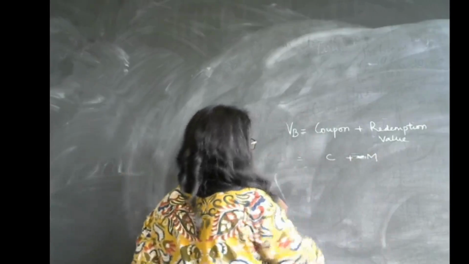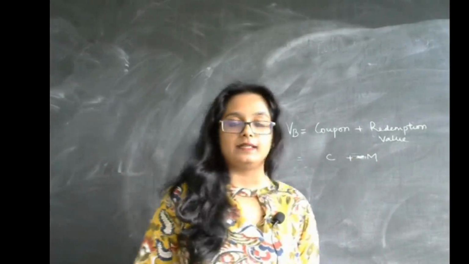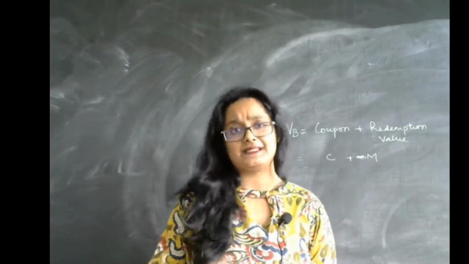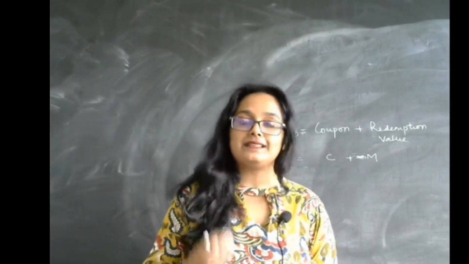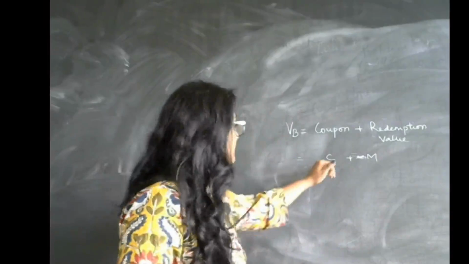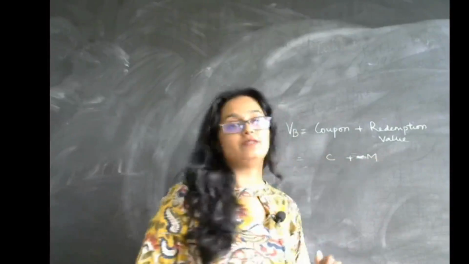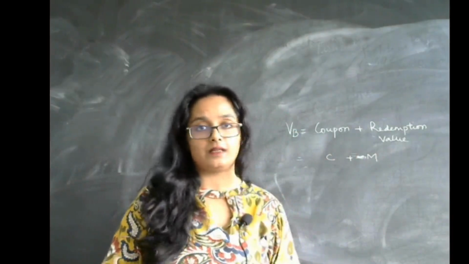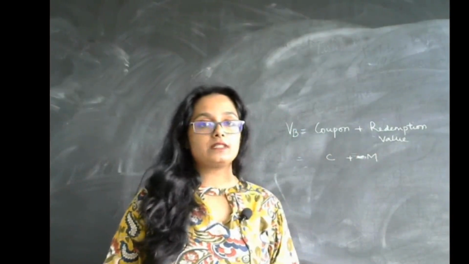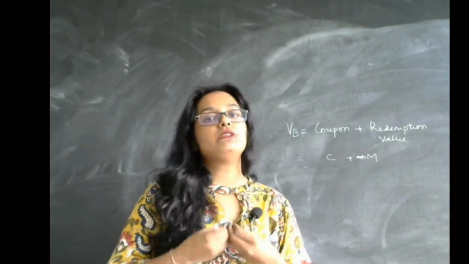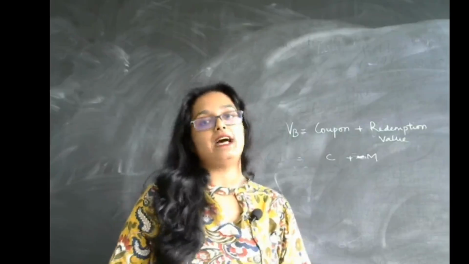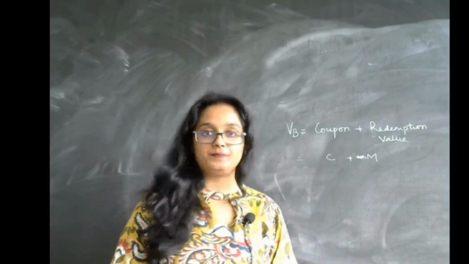Whenever you are trying to find out the value of anything, basically you are trying to find out the present value of that thing. That is the reason why we are going to multiply coupon and redemption value with the discounting factor. Why are we multiplying it with the discounting factor? Because we want to find out the present value of the bond.